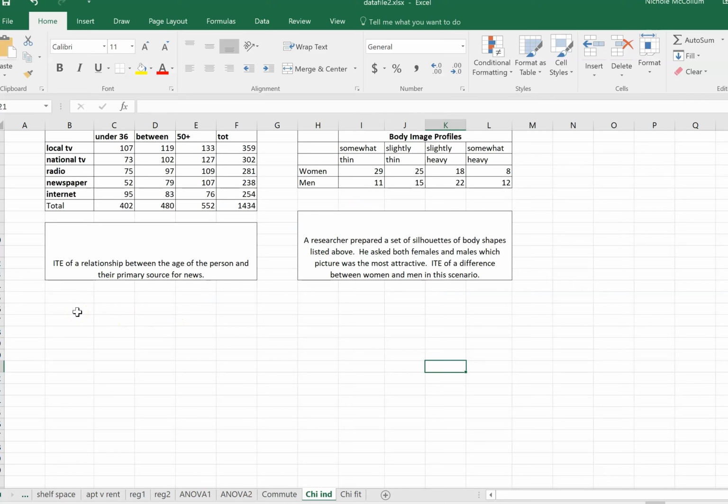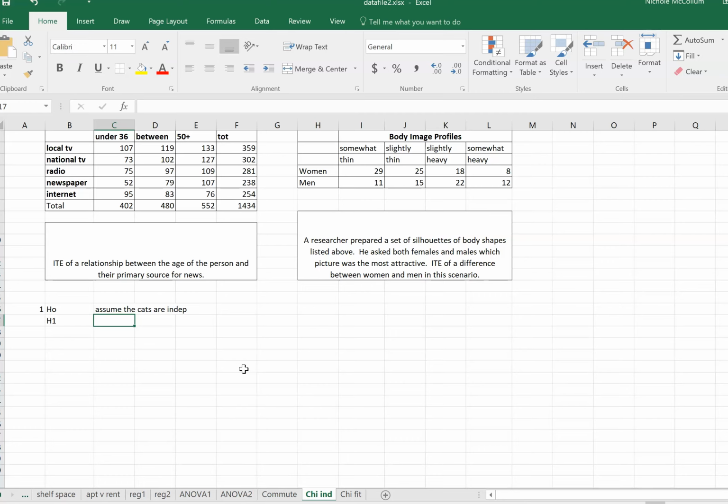With this problem, I always like to go through my steps of solving any type of hypothesis test. Step one, you should be able to give me your H0 and your H1. Your H0 is that I'm going to assume the categories are independent. What I mean by that is the age of a person and their primary source for news.